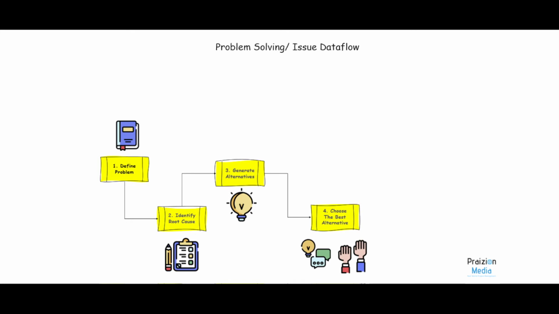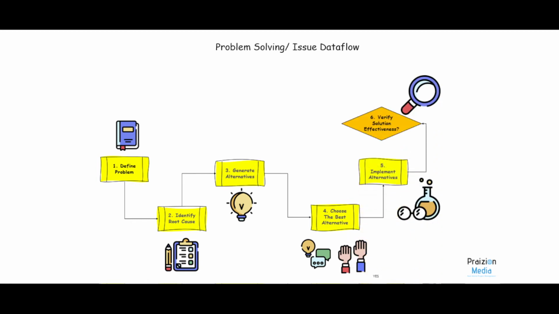Afterwards, choose the best alternative using brainstorming, Ed De Bono's six thinking hats and things like that, and then implement the alternative and verify if the solution actually was effective. If it was not effective, then you will need to go back to the drawing board. If it was effective, then there's your final solution. So you go back to the drawing board if it was not effective, and you generate alternatives again. Or perhaps you choose from those that were left over.